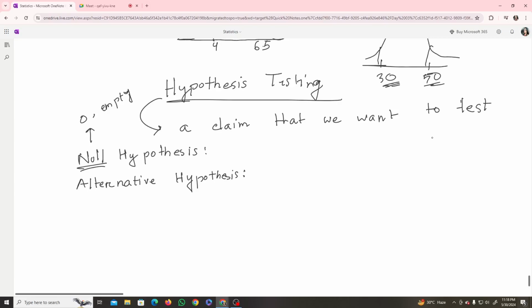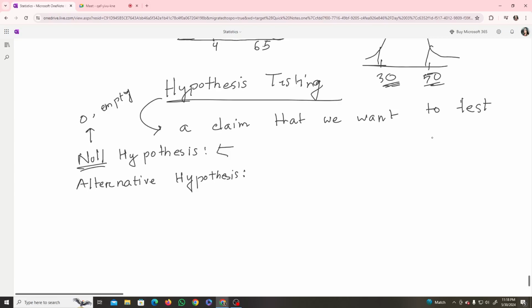In that case, the alternative hypothesis will be that statement. So what was proven or tested before, that 70% of people use iPhone in USA, that is the null hypothesis, and we want to prove that no, 70% of people do not use iPhone in USA. So that would be our alternative hypothesis.